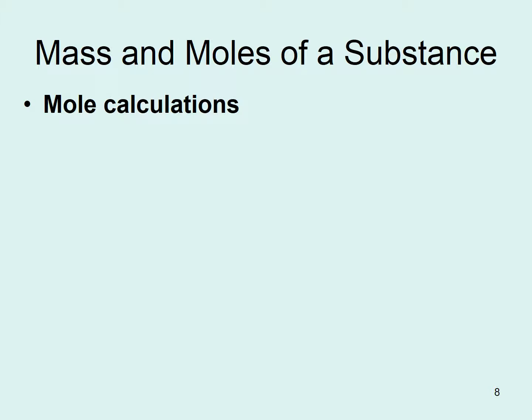They don't measure up in a gram to gram ratio because every element weighs something different. Every compound, when they rearrange, has a different weight, and so we can't look at a reaction and compare things on a mass to mass ratio. As you'll see as we go along, we can only do them on a mole to mole ratio. So we have to be able to convert from moles to grams and grams to moles.